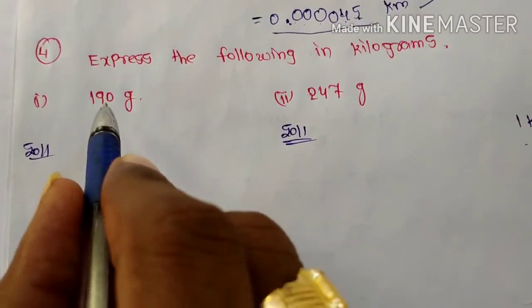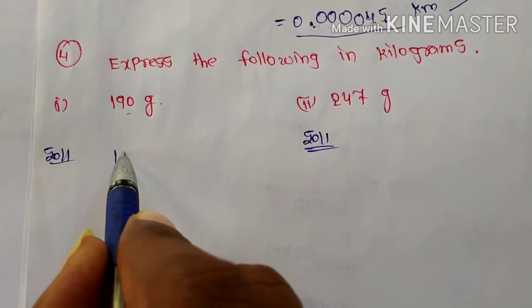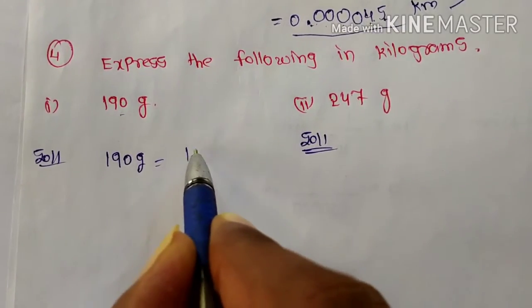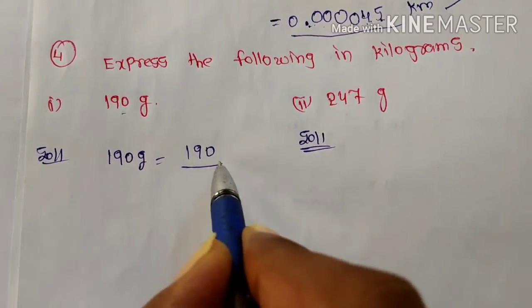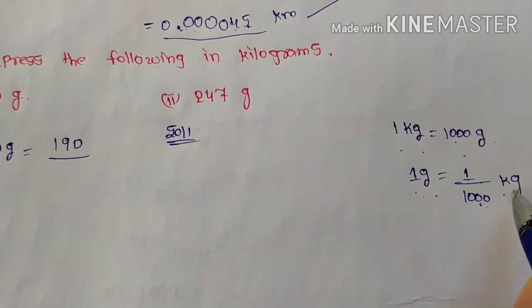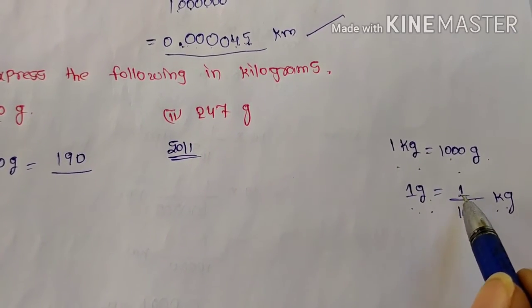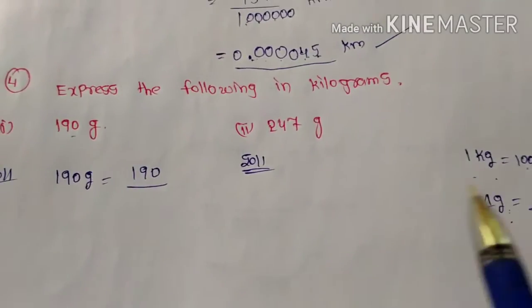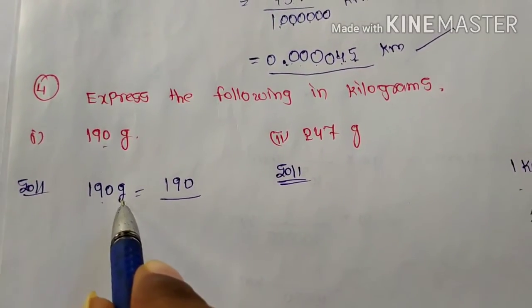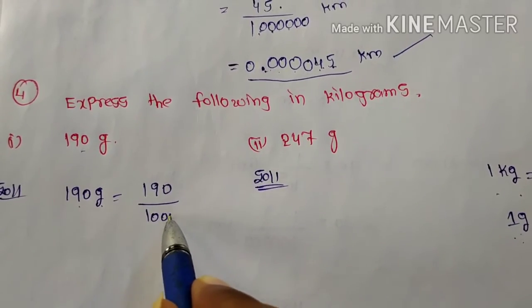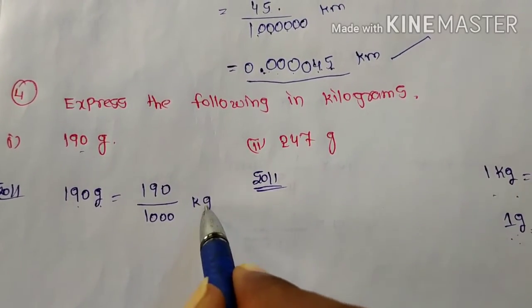See, now you can write here 190 grams is equal to 190 by, you can see here 1 gram is equal to 1 by 1000 kilograms. 10 grams is equal to 10 by 1000 kilograms. 20 grams is equal to 20 by 1000 kilograms. In the similar way, 190 grams is equal to 190 by 1000 kilograms.